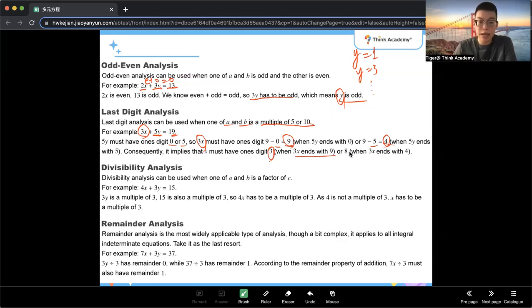And it must end with an 8 when 3x ends with a 4, because 3 times 8 ends with a 4. All right, so that is the last digit analysis. So you just need to try where x equals 3, x equals 8, x equals 13, and so on. All right. So that's how to make it work.